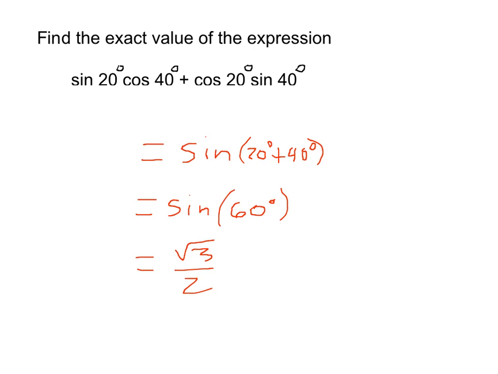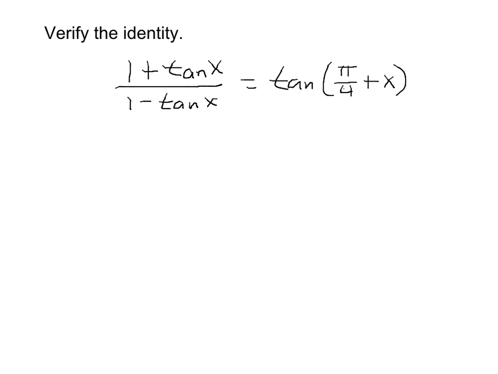So the last thing I want to do is take a look at an identity here. And we haven't used a tangent addition rule, so we might as well verify an identity using a tangent addition.